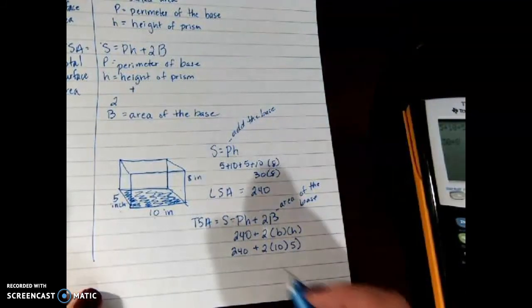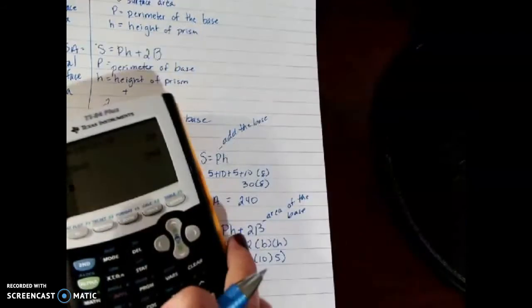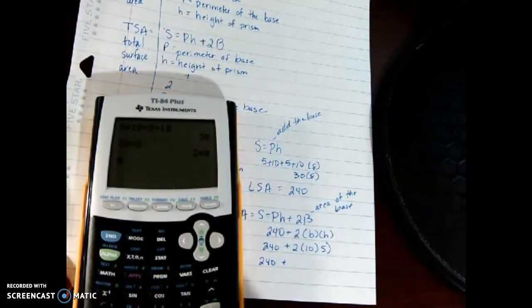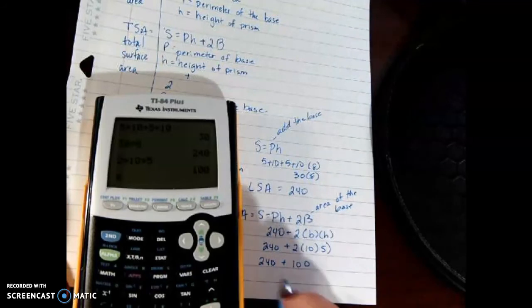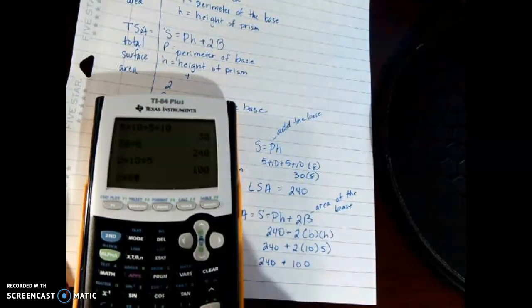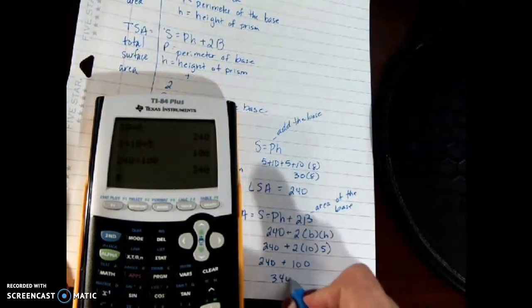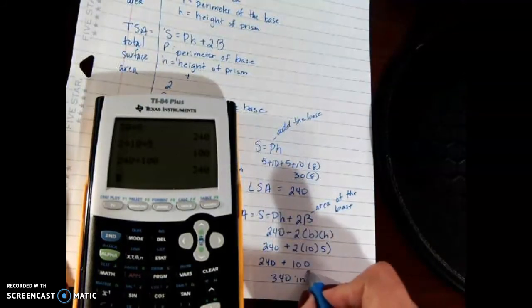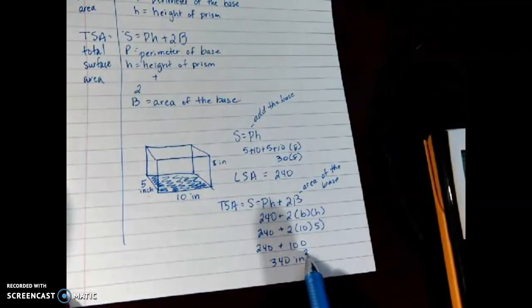So 240 plus 2 times 10 times 5, 100. And then 240 plus 100 equals 340 inches squared. And now we're back to area. So this is surface area. It is a 2 instead of a 3 for volume.